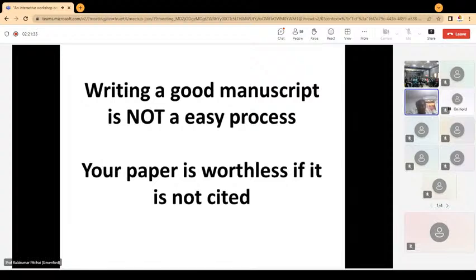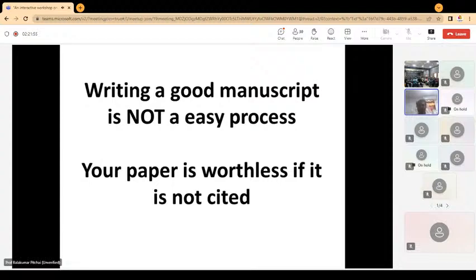Nowadays, if you want a job in Saudi Arabia for a professor position, they will ask you what your H-index is. If you want to enter a good university in Malaysia, they will ask you what your H-index is. The H-index is calculated based on two parameters, number of papers and number of citations.